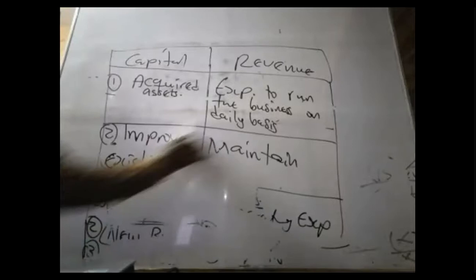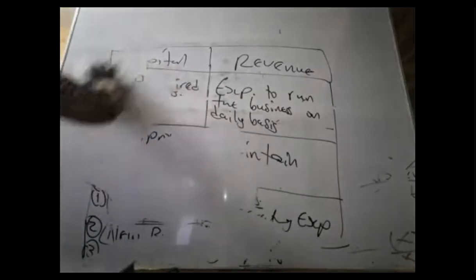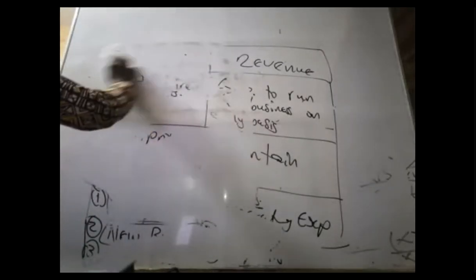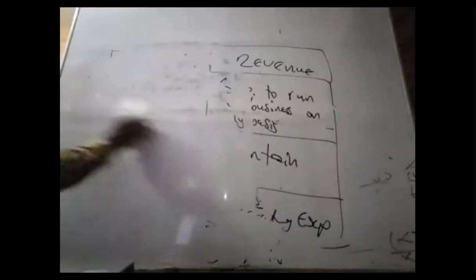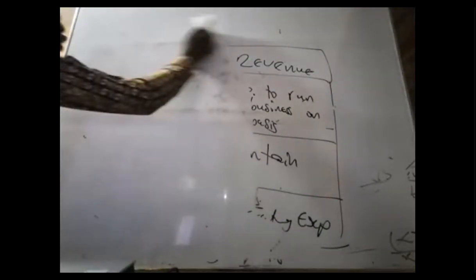We are saying that before you budget for any capital expenditure, make sure that you have appraised such expenditure or such investment and seen its financial viability or acceptance. So, financial acceptance level or viability.